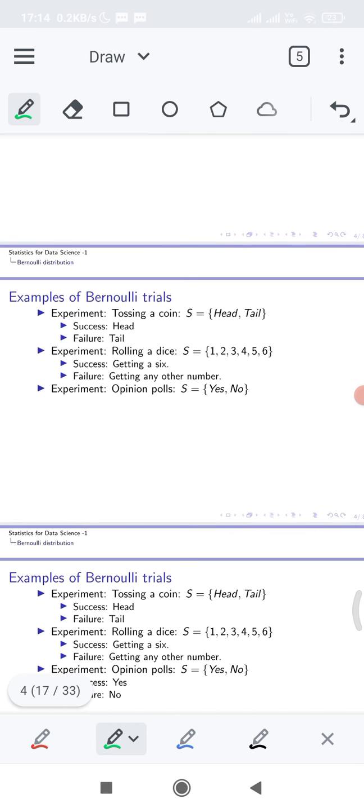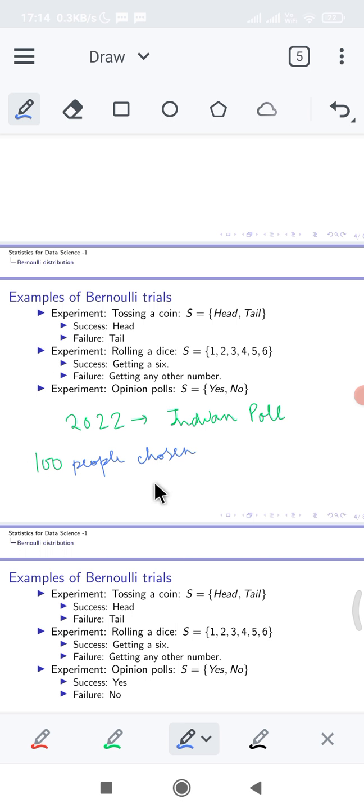We need to find the probability of Modi being chosen.